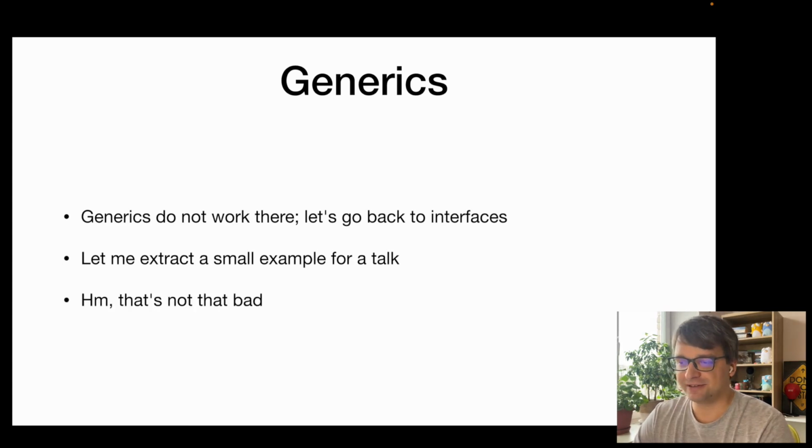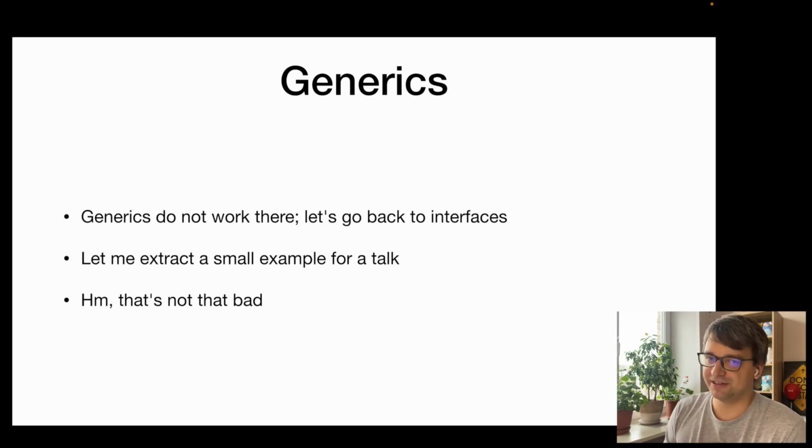And it turned out they are not that bad, generics. When you extract them into a small, separate, self-contained problem, it becomes much more clear. And also now we understand that we basically did not use them correctly. So now we know how to do that, and maybe we are going to use them in the future.